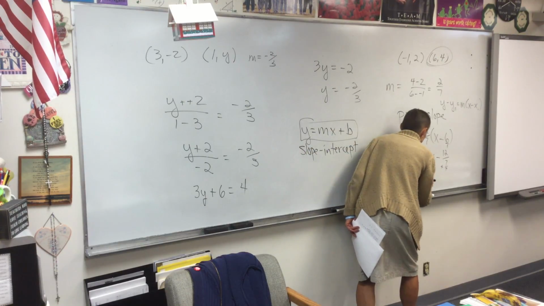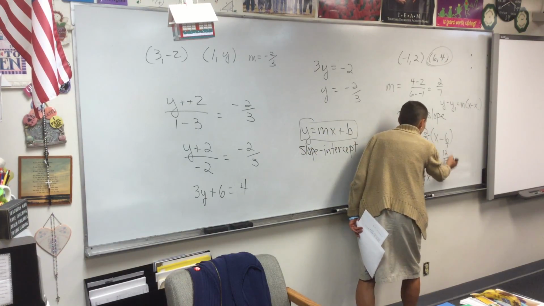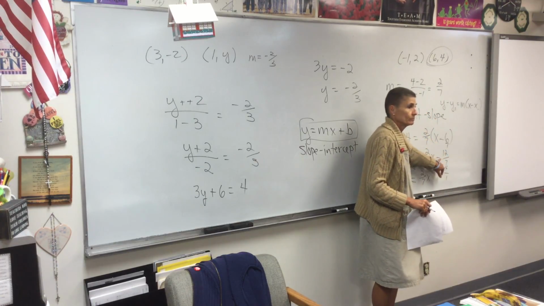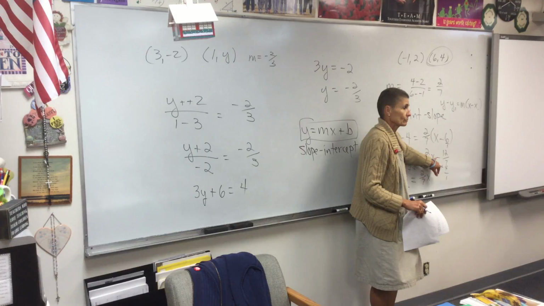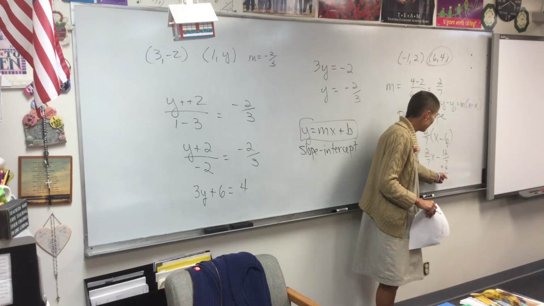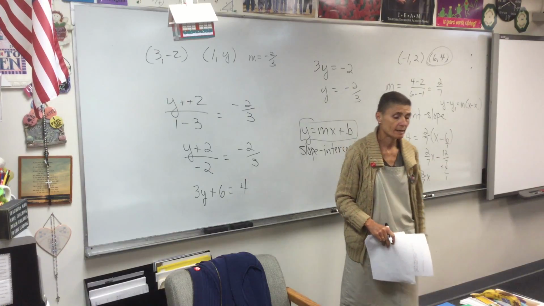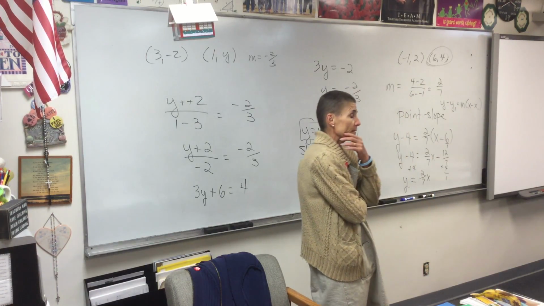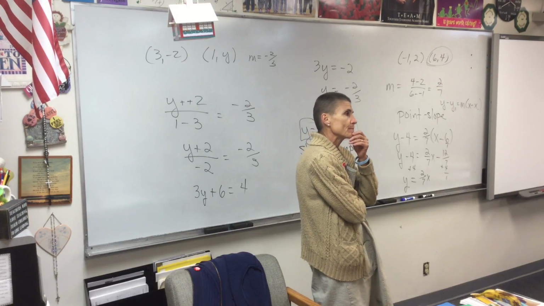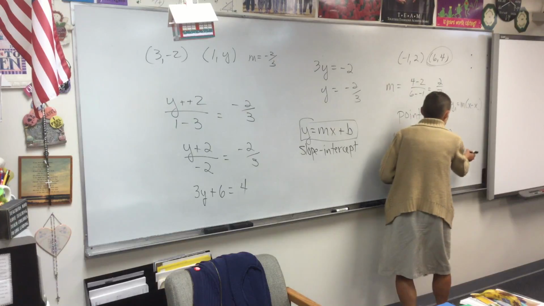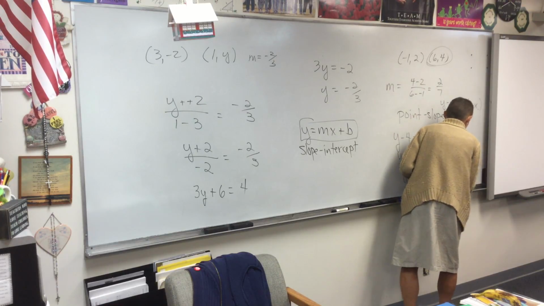So I have my 2/7 x. Now, oh, shoot. I need to add these together. So I have a negative 12/7 and a positive 4/1. How do I add those together? I cannot get rid of the fractions. I'm stuck with them in this problem. Get a common denominator. So this is negative 12/7.